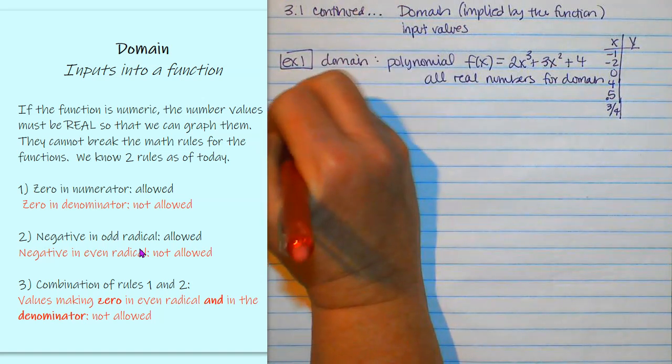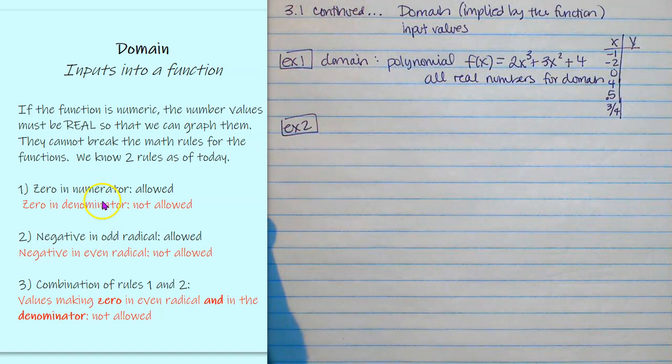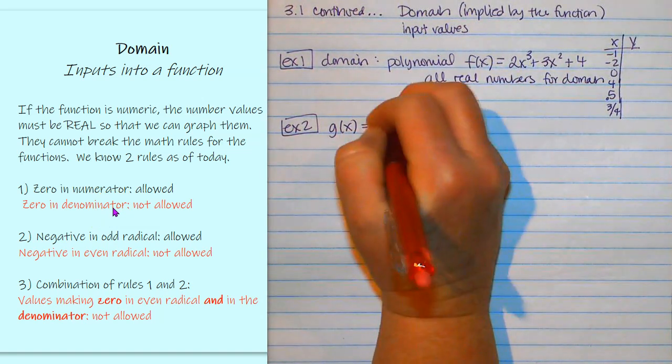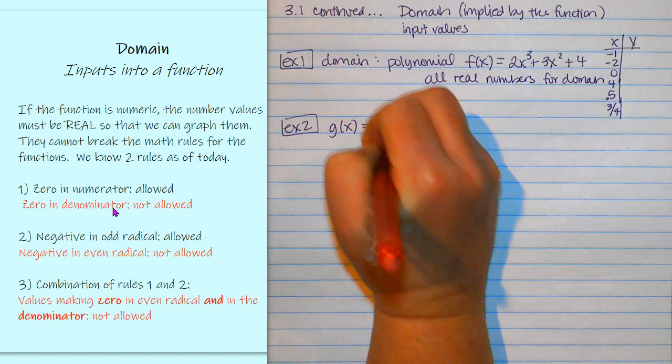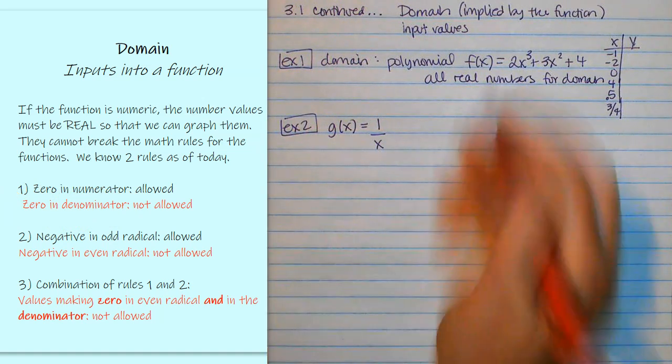But if we're going to break something, then let's look at breaking rule number 1. So having a numerator denominator. So we're talking about fractions here. Example 2 says, okay, let's have g of x, and let's make it a very simple fraction. Let's make it 1 over x. If we made an XY chart, we could plug in a whole bunch of numbers. But the one number that would make the denominator 0 is 0.